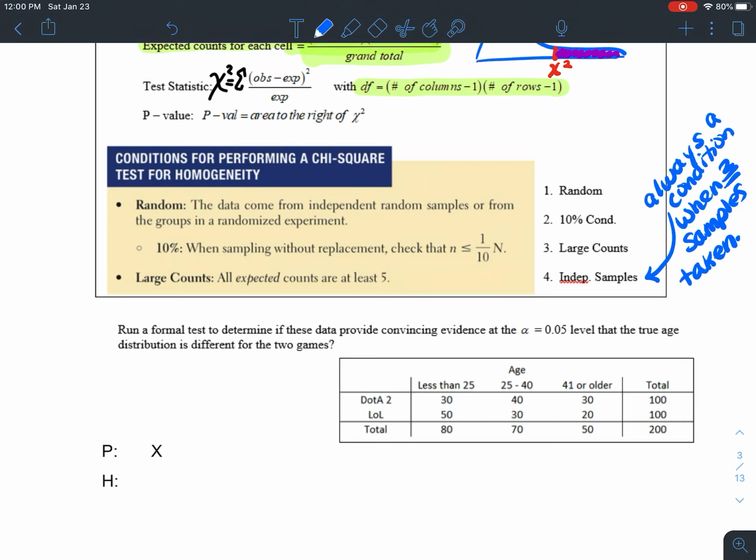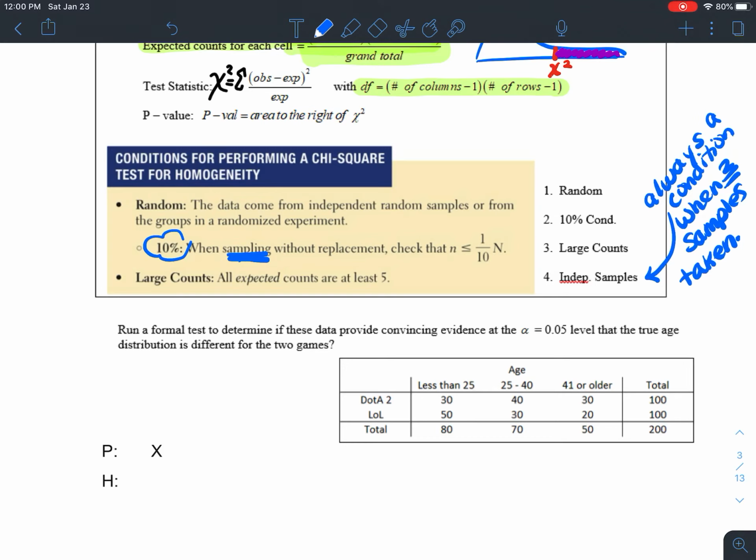Okay, now the rest of these should look familiar. We need to make sure that the samples in and of themselves are taken randomly. Of course, the 10% condition applies when you are drawing a sample. Like in the League of Legends example, they sampled 100 users from each of those gaming populations.